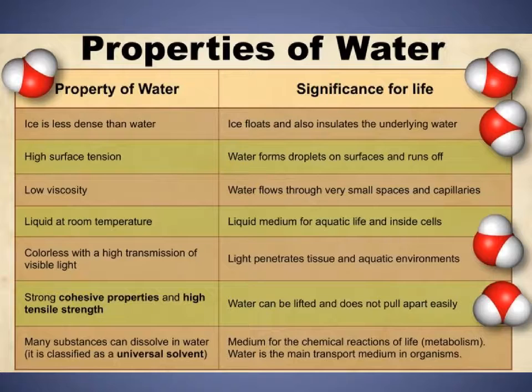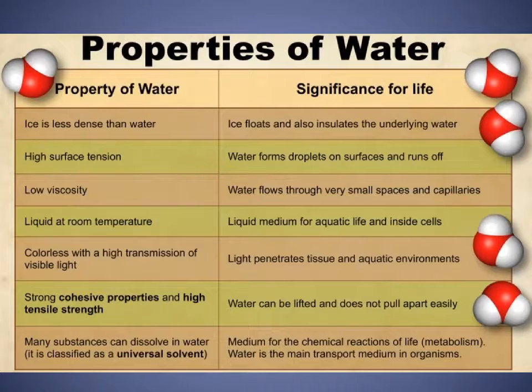And because it expands, it is less dense than water. Well, this property allows ice to float on water, creating ecosystems for different organisms. It also insulates the water that's underneath it, preserving those aquatic ecosystems during harsh weather.